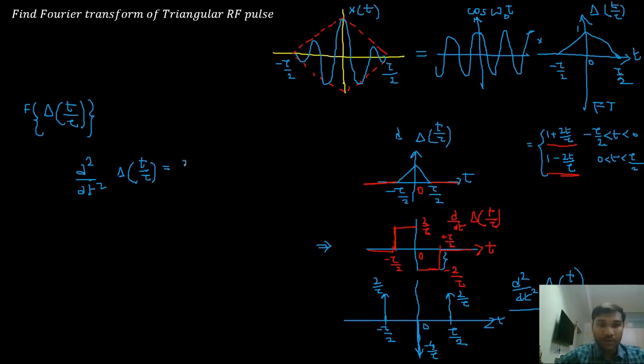So it is equal to 2 by tau del of, where is the first impulse?